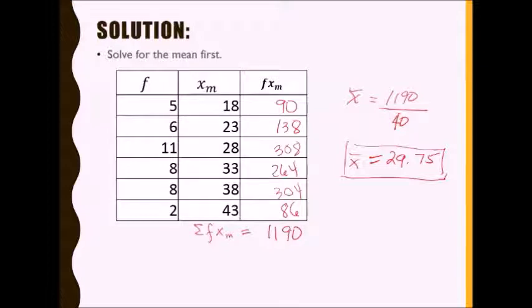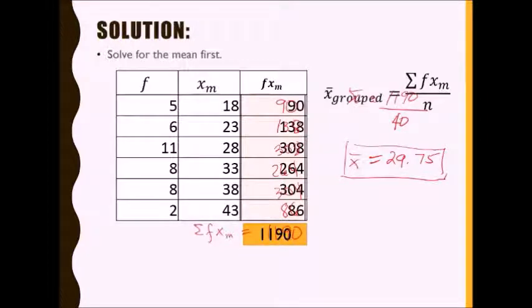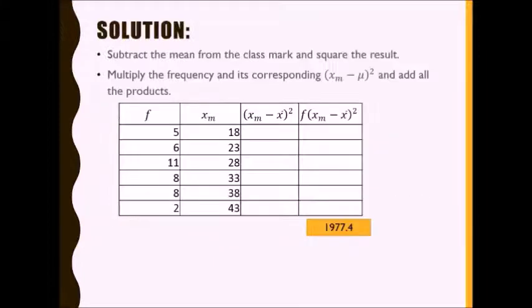If you are doing this manually and you have already created this table, just add another column for the other computations, since frequency and class mark are also what we need next. We are to subtract the mean from the class mark and square the result.